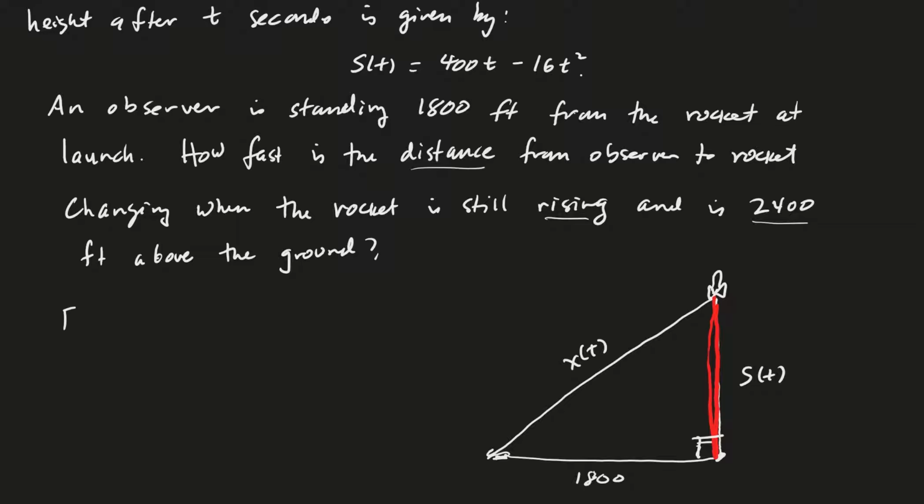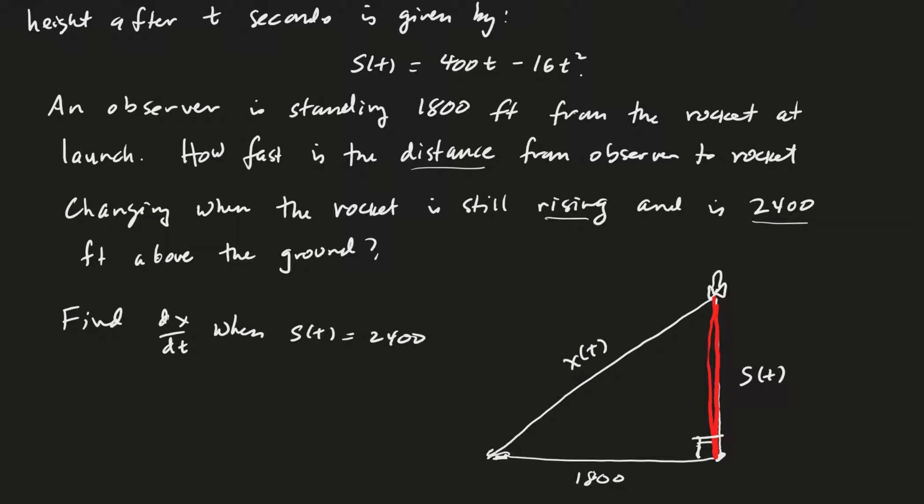So we want to find dx over dt when s of t equals 2400, right? Oh, that seems reasonable. Okay, I'm going to pause here, or you should pause here, and see if you can come up with a formula that relates the variables.